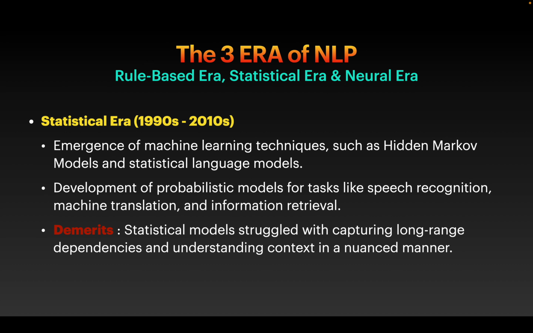It was the emergence of machine learning techniques such as hidden Markov models, which are again based on naive Bayes. Based on probability, the sentence you have is classified as a positive review or a negative review, whether you talk about naive Bayes or hidden Markov models.